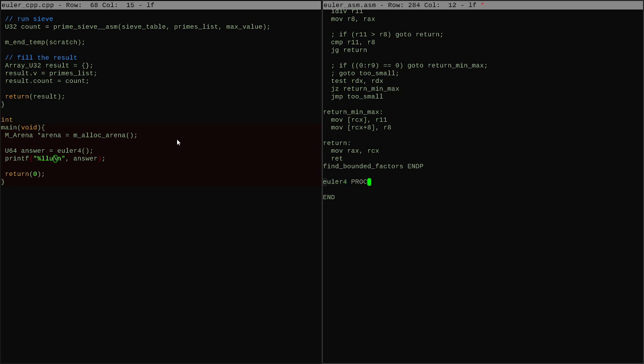Euler 4 proc, Euler 4 NP. Here the goal is to return the product. So what we want is we can set RCX to be our F, RDX to be our F, G, and R8 to be our H, right?